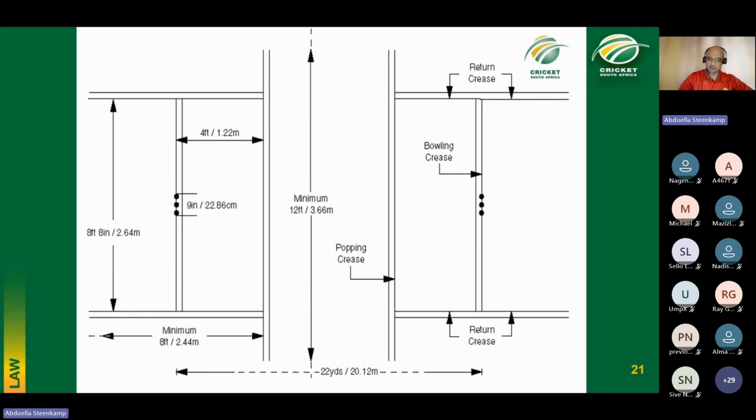And that is the minimum measurement of the popping crease. So just from this one measurement, I can derive two other measurements. I make sure that I memorize 1.22 meters, because multiplied by 2 gives me 2.44, that's my return crease. Multiplied by 3 is 3.66, and that gives me my popping crease. And lastly, the length of the pitch is 20.12 meters.